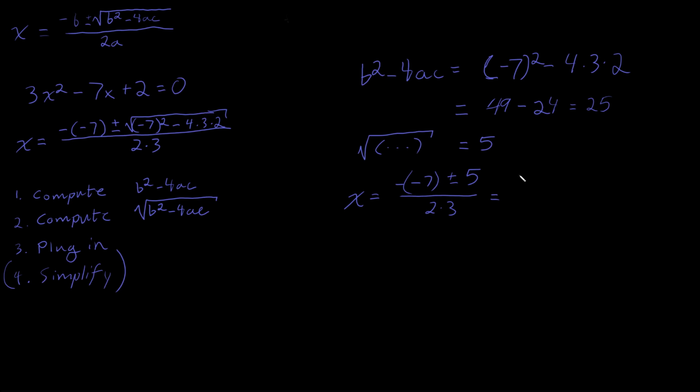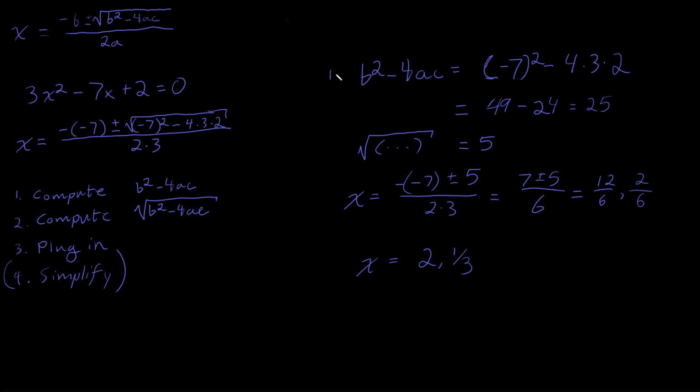And then negative negative 7 is 7, plus or minus 5, divided by 6. Taking the high road, 7 plus 5 is 12 over 6. Taking the low road, 7 minus 5 is 2 over 6. Simplifying, we end up with 2 and 1/3 as our answers.